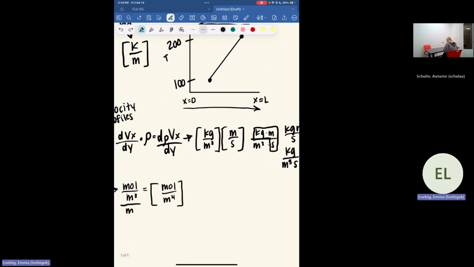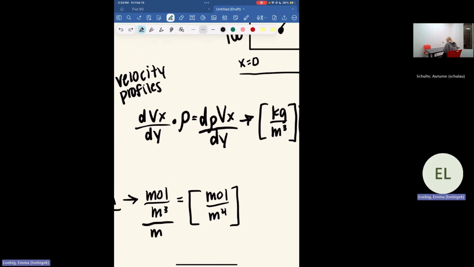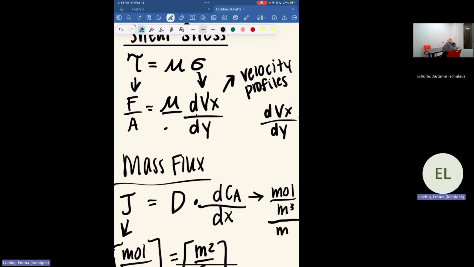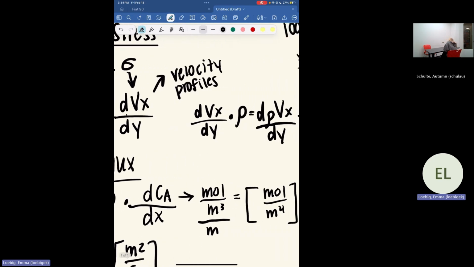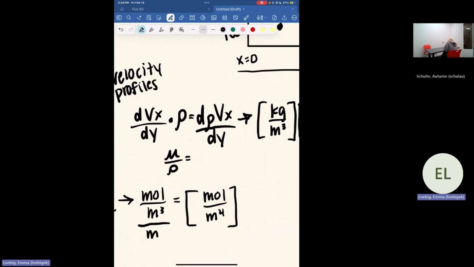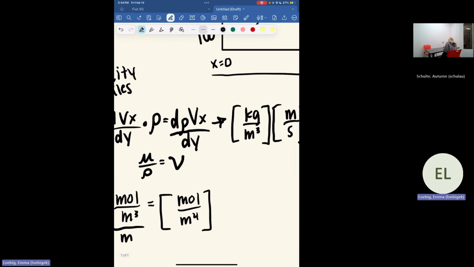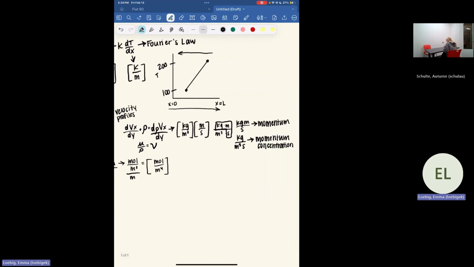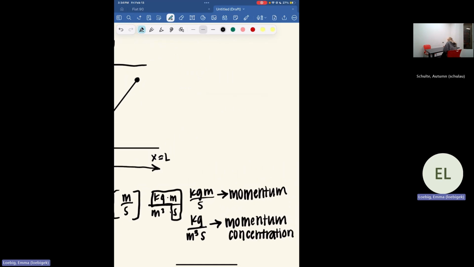If we multiplied our change in velocity perpendicular to the flow by rho, we must then divide our viscosity by rho. Doing that, we get a term of kinematic viscosity. Now let's discuss the units for kinematic viscosity.